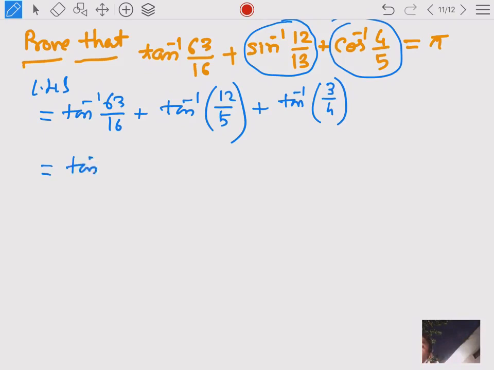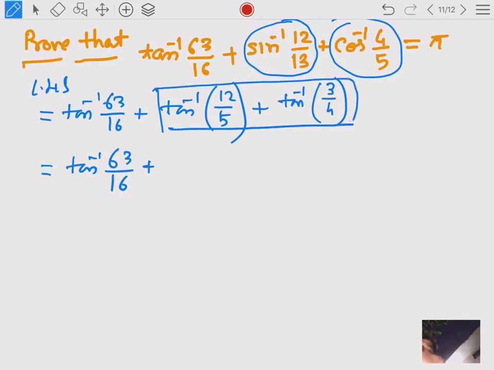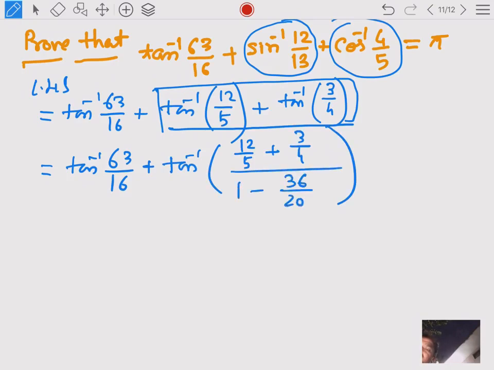We can also write it directly. Now 63 by 16 is a big value, so let it be as it is. Now use the formula on these two terms, tan inverse x plus tan inverse y, and according to that formula it will be 12 by 5 plus 3 by 4 divided by 1 minus 36 by 20.